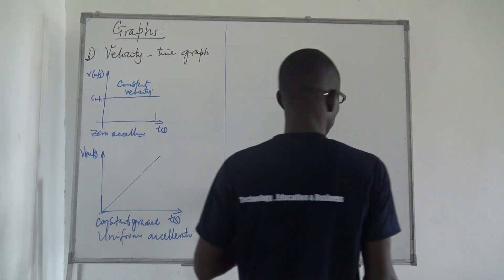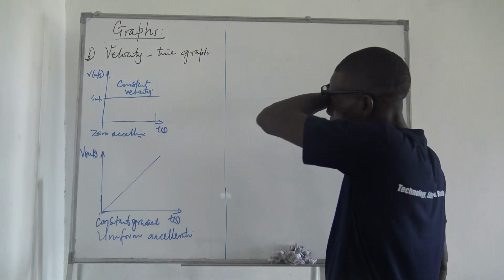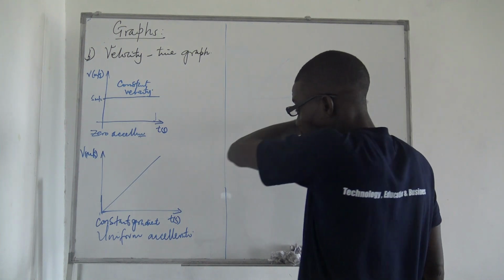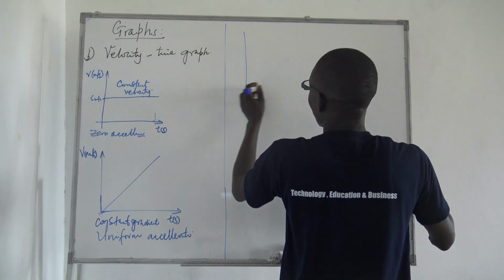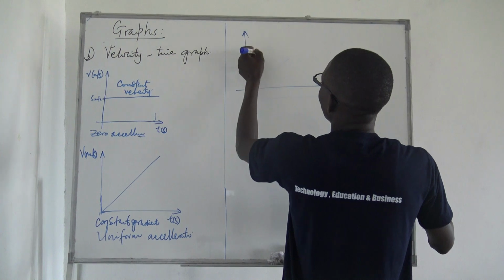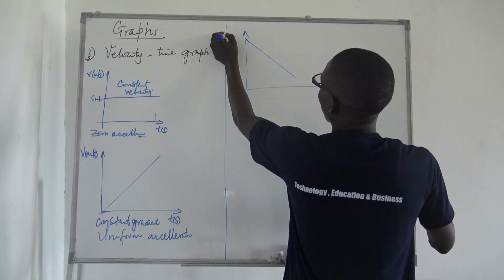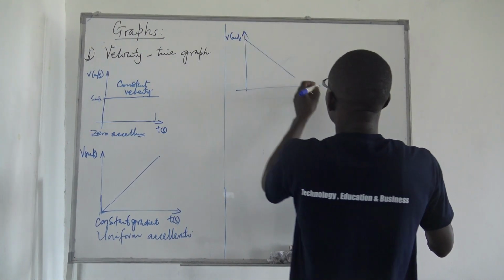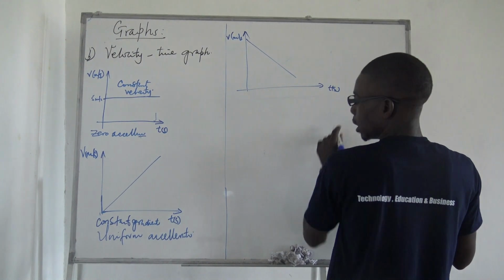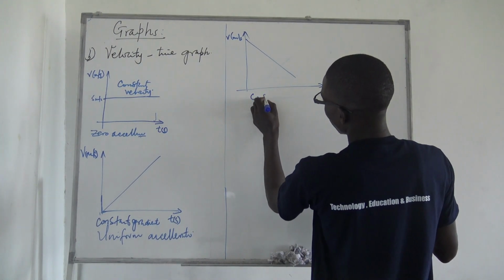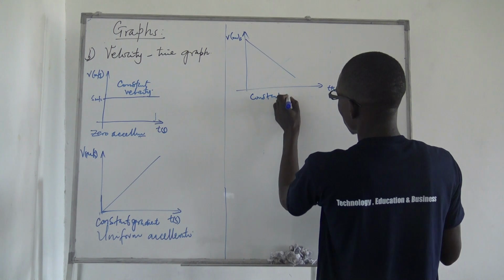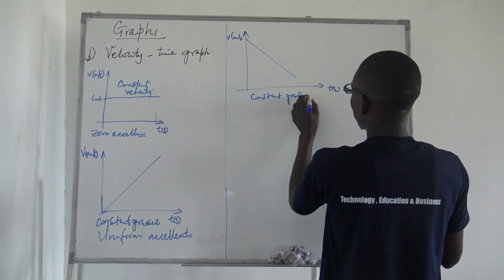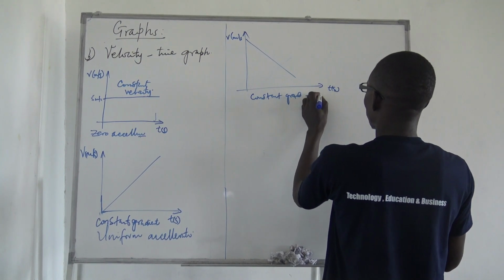And then let's look at this graph here. Supposing I have that, and this is velocity, and this is my time. This is also a constant gradient, but it is negative.